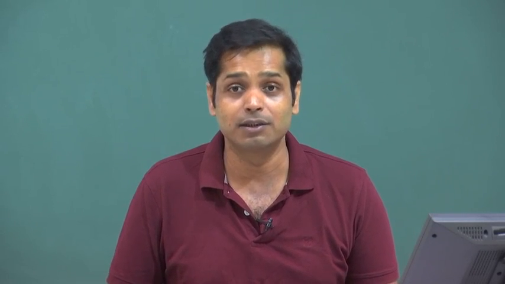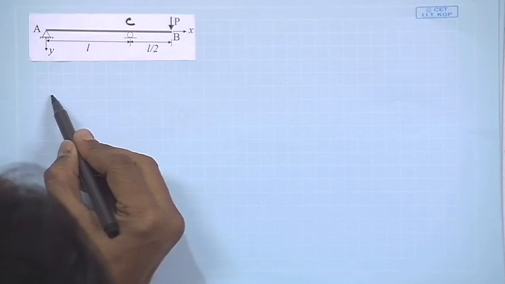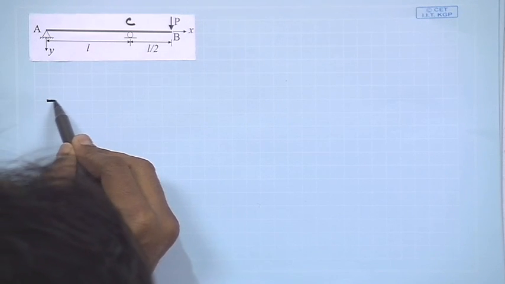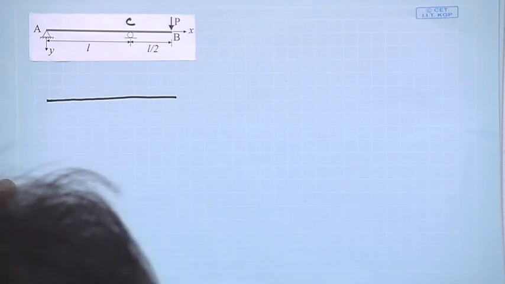Before you draw it, try to understand from intuition what it would be by looking at the beam, and then check whether your intuition is consistent with the results from structural analysis. Okay, so this is the real beam. Now draw the bending moment diagram.